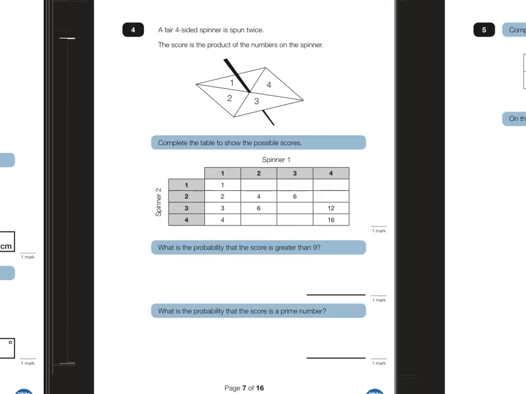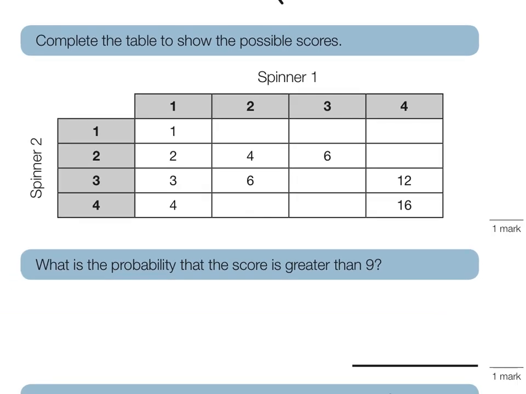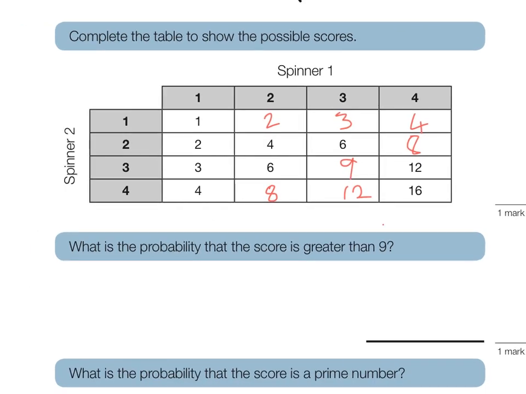Number 4. We haven't really covered this yet, but you guys managed to do pretty well on this, and we're looking at product multiplying. So you've just got your 1 times table, your 2 times table, your 3 times table, and your 4 times table. Greater than 9, well, that one is not greater than 9, that is 9.